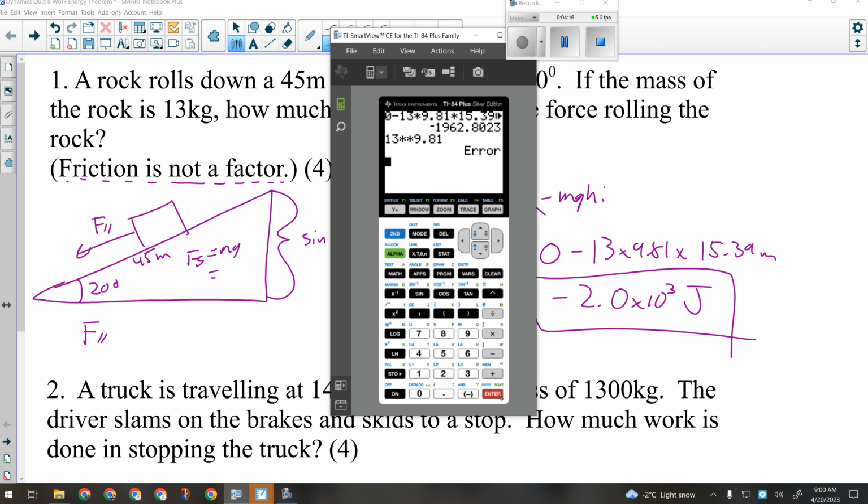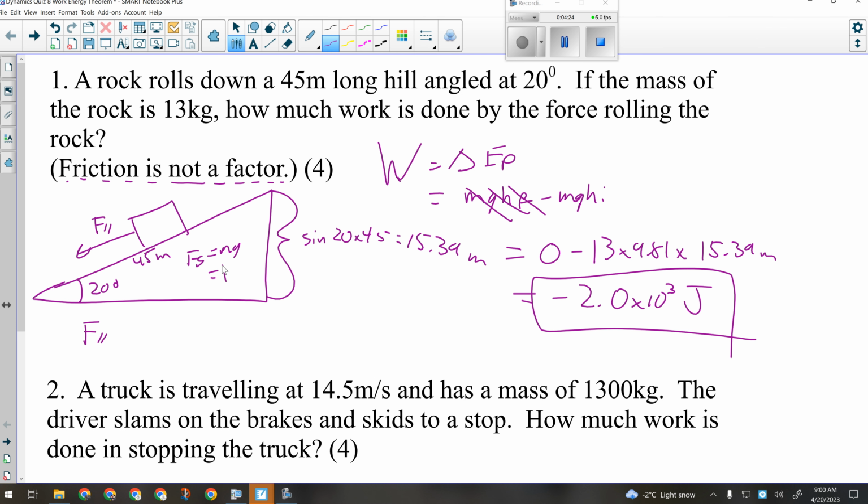I did that wrong there. I put 2 times in there. 13 times 9.81. All right, so I got 127.53. And then I've got to draw the triangle in here. I've got to get F parallel, which would be the sine of 20 times 127.53.